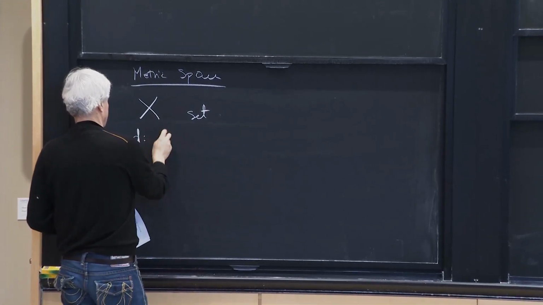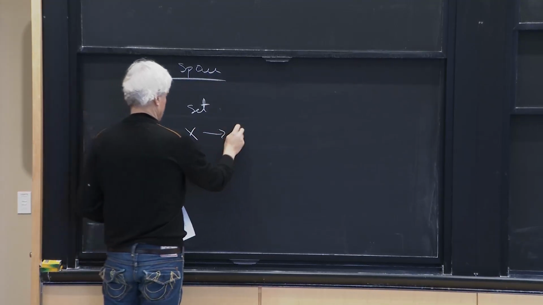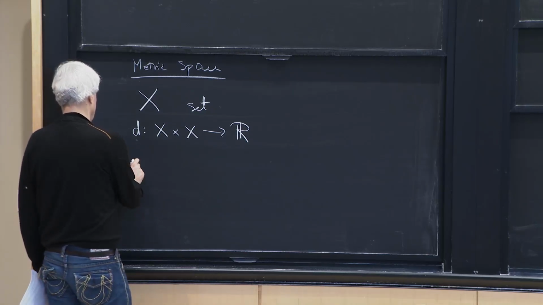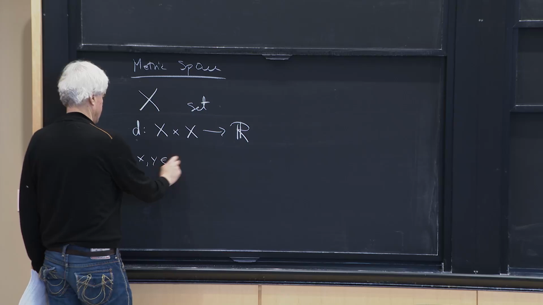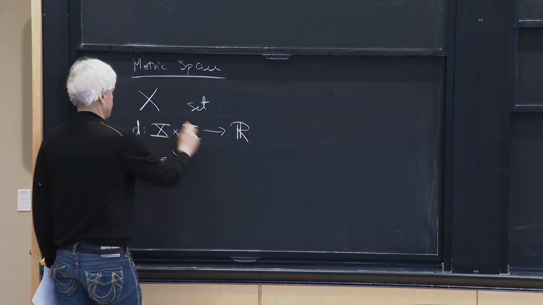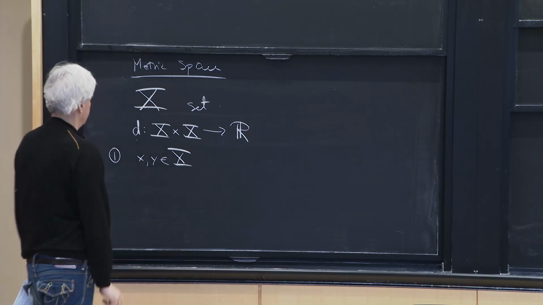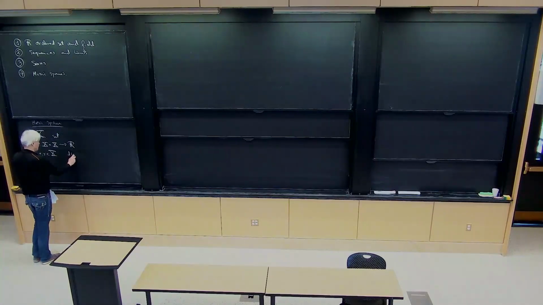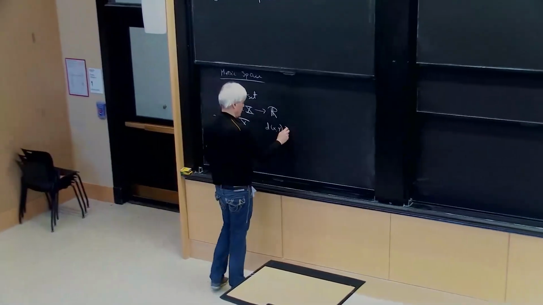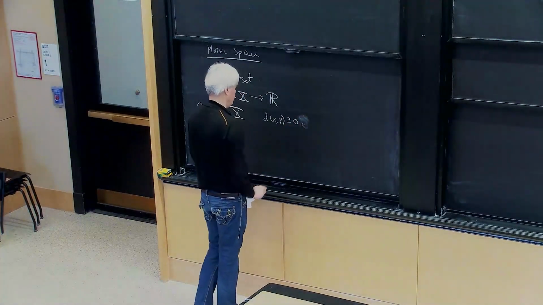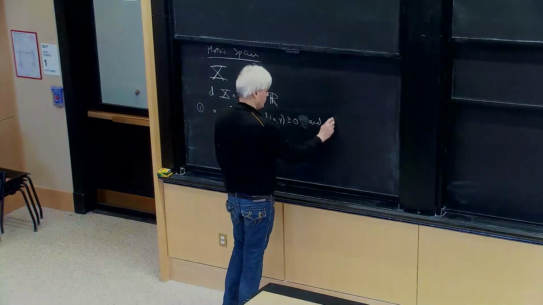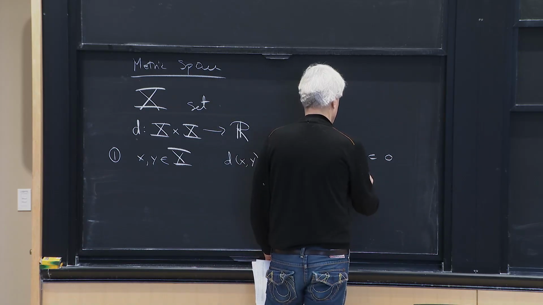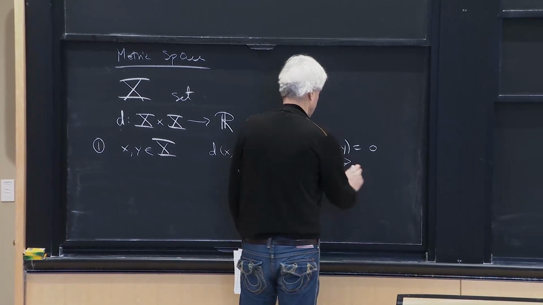So this is a map from X cross X into R. And for each pair of elements x and y in X, the distance between them should be non-negative, and equal to 0 if and only if these points are the same, right?